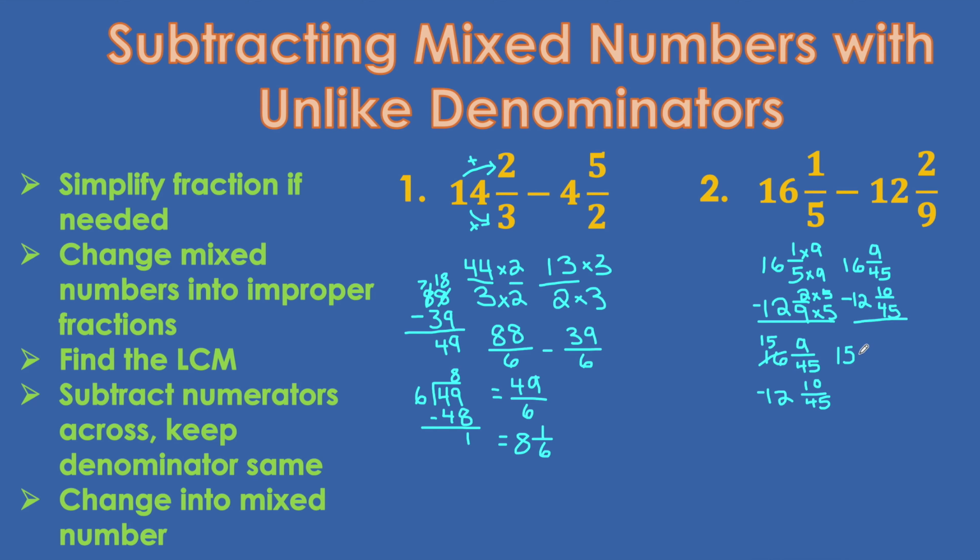And then we're going to write 1 whole as a fraction, which in this case is going to be 45/45, since we still want that common denominator, and we want to change this whole number into a fraction. So notice, this would just be 15 plus 1, which will give us back that answer of 16.